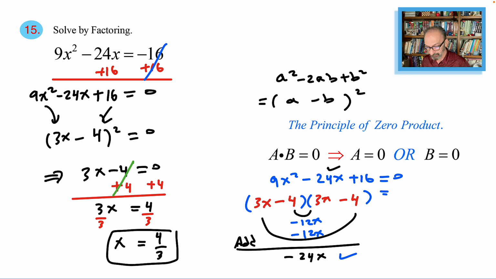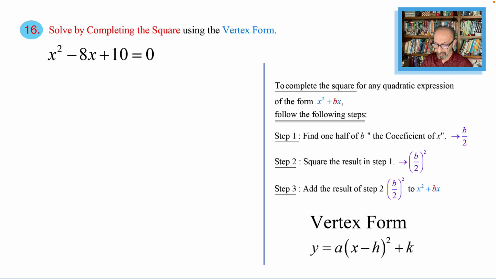Number 16. Solve by completing the square using the vertex form. Now, to complete the square, we have to follow some steps. We need to focus on the expression x to the second plus bx. Take b, or look at b and take half of it, square that result, and that number becomes the number that will make this expression perfect square.